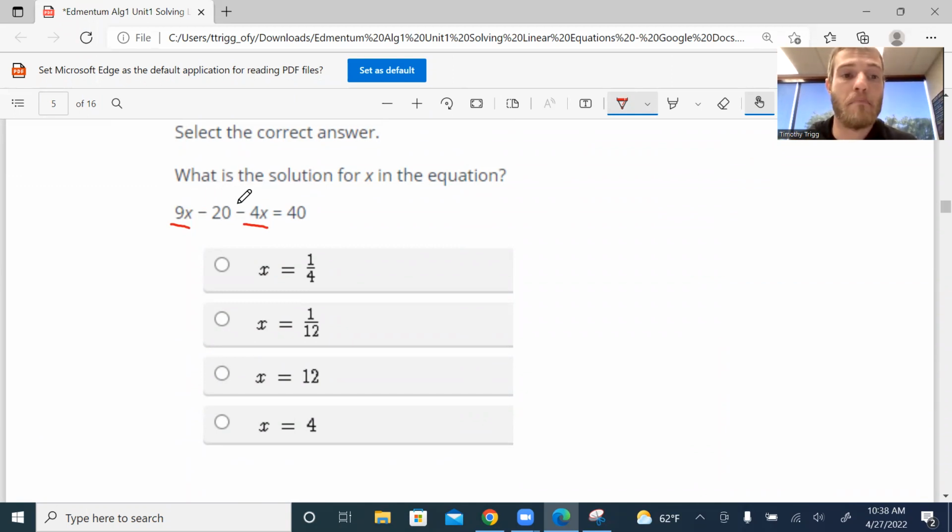So 9x minus 4x, again, you just subtract the coefficients. So 9 minus 4, that's going to give us 5x. We still have a minus 20 over here, and then equals 40 on the right. What do you think my next step would be?